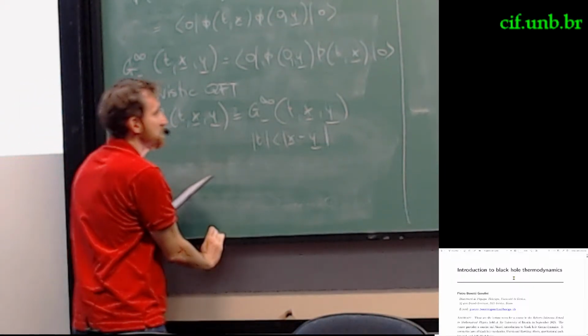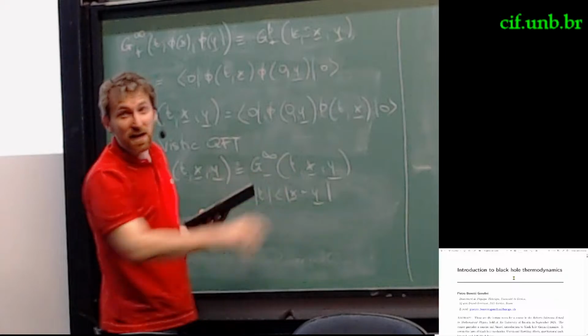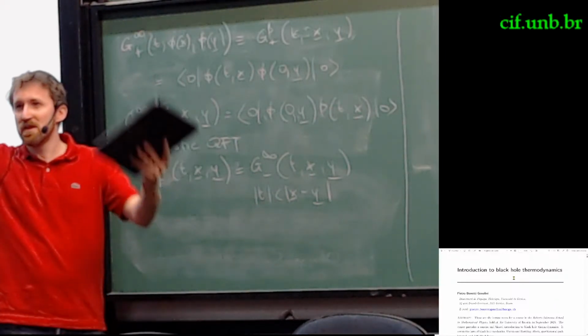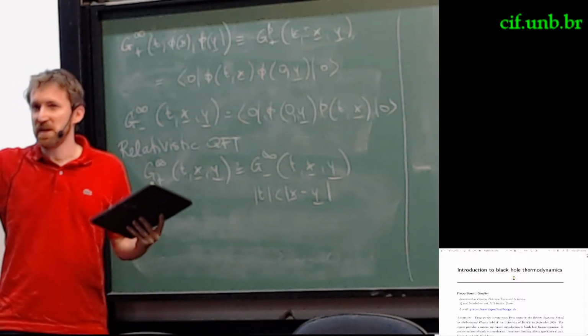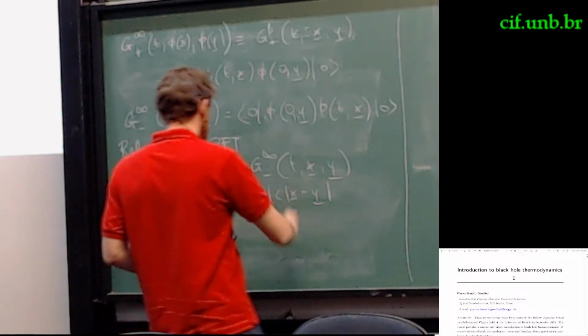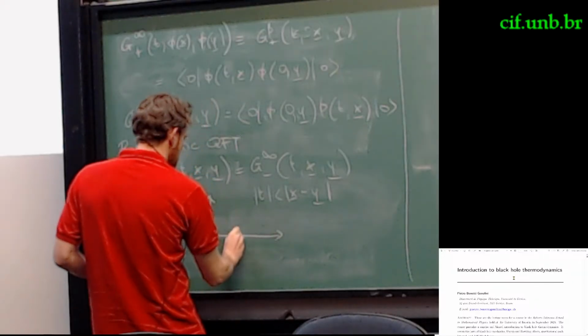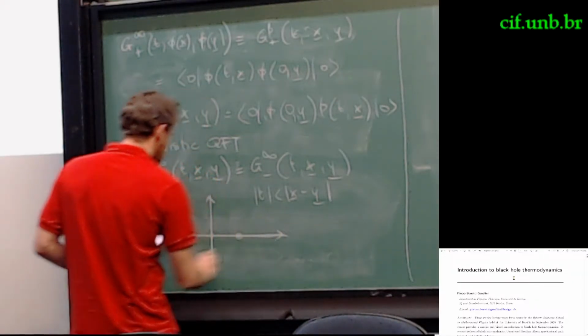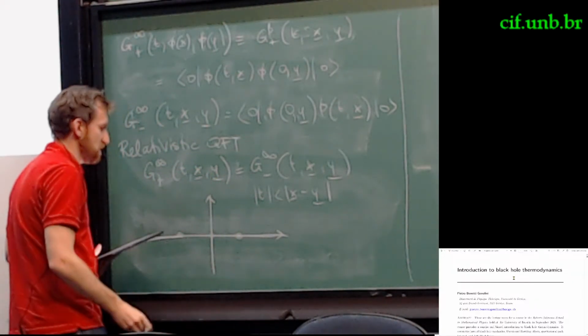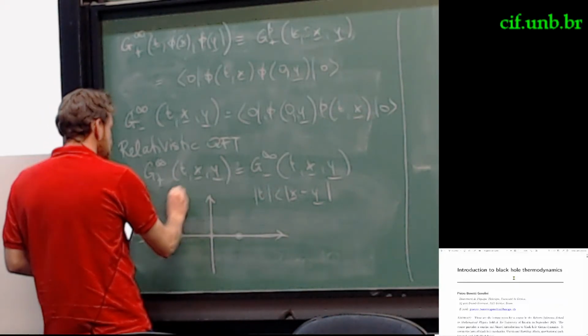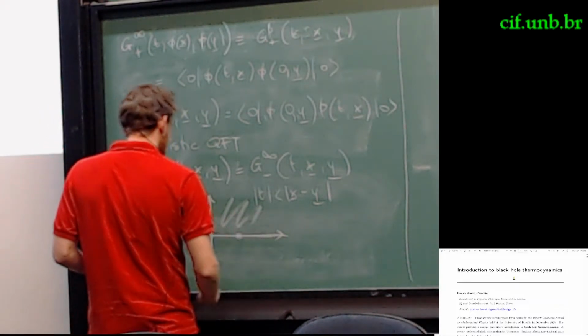So I have exactly that structure, but now without the strips at a finite beta. I have two poles here, and then I have a G minus here, and a G plus here.